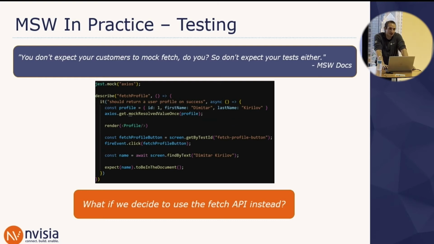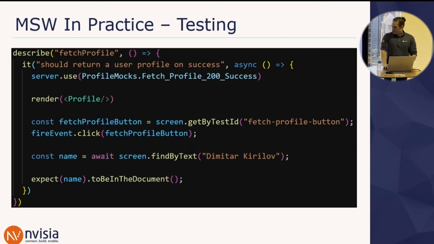But the other super nice thing is you can reuse all of the handlers you're using when you're developing, as you're going through things and mocking your backend, inside your unit tests. So this is a refactor of what we just saw, but effectively what it lets you do is overwrite which handlers you want to use inside each unit test or each test in general. So here I've set up a test, and there's a server object from MSW where you can tell it which handlers you want to use for your specific test.